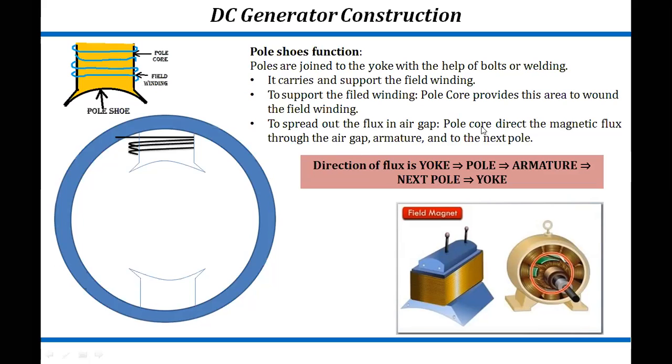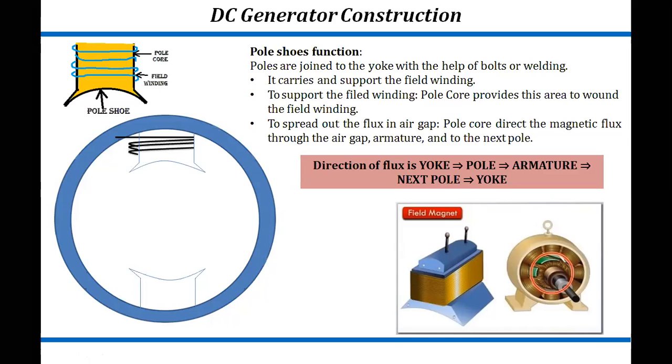And the pole core directs the magnetic flux through the air gap, armature, and to the next pole. So according to the direction of the yoke, we can derive the direction of flux. Once the direction of flux is decided by the yoke, the pole direction will be decided accordingly.